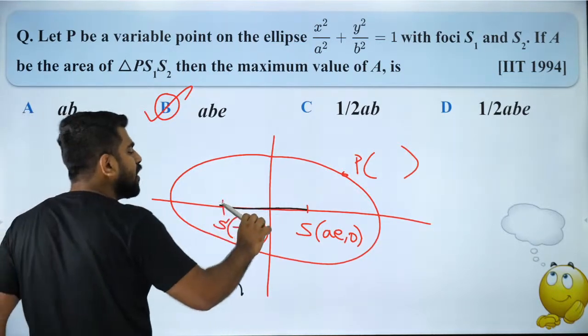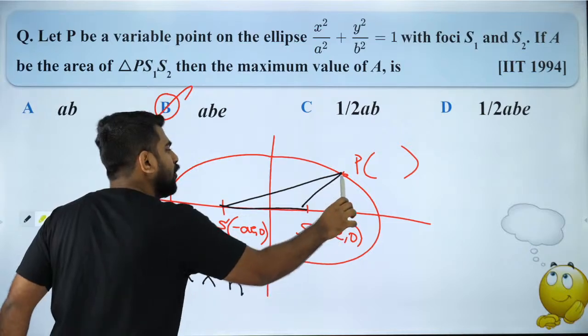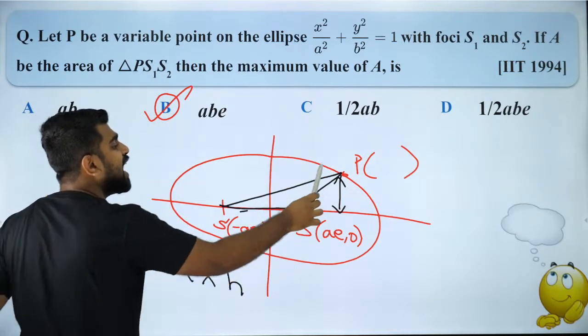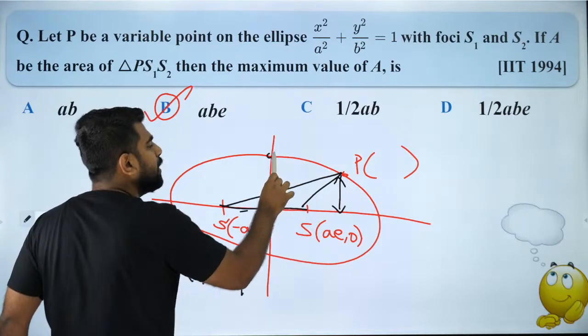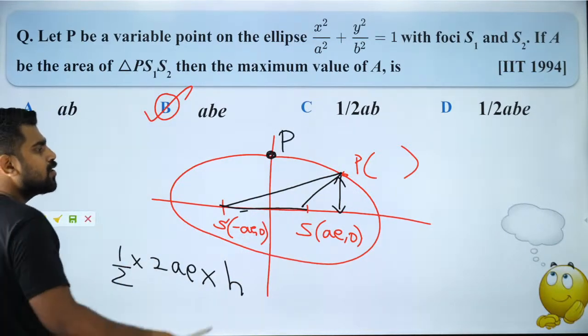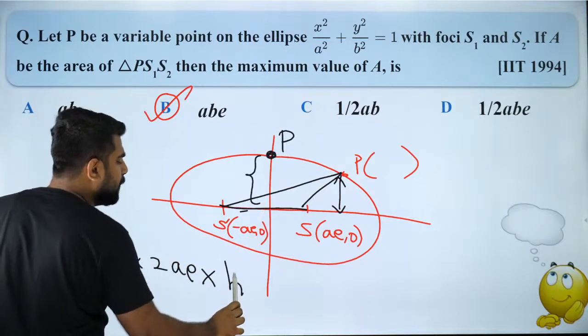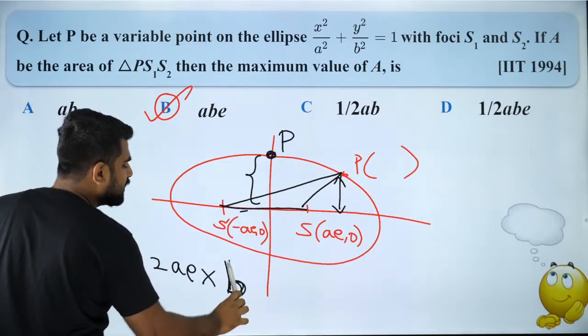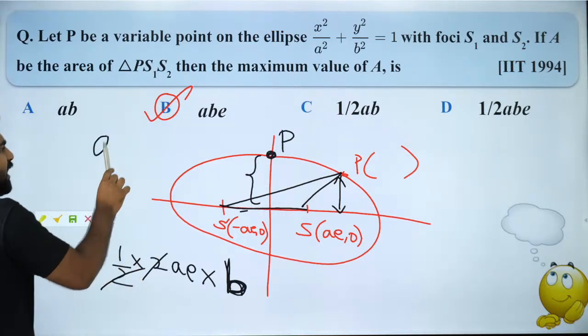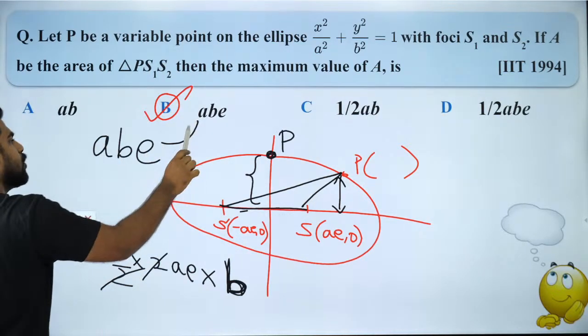Height is nothing but the height of point P from the base. So when will the height be maximum? The height will be maximum when P is over here. Do you all agree? So the maximum height is going to be B. That's it. So the answer is A, B, E, which is over here.